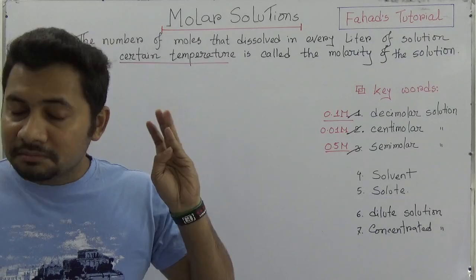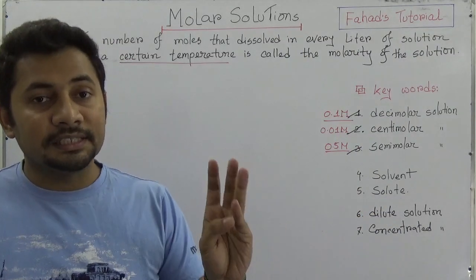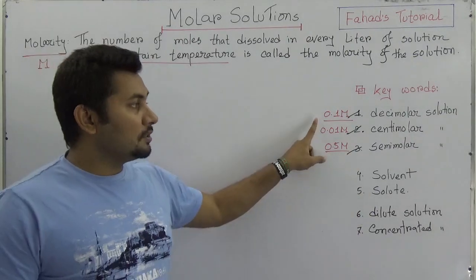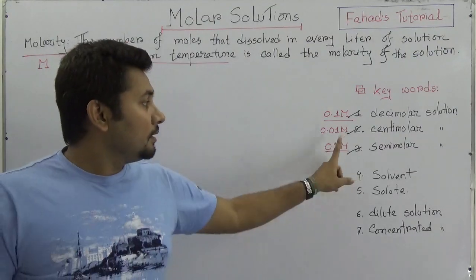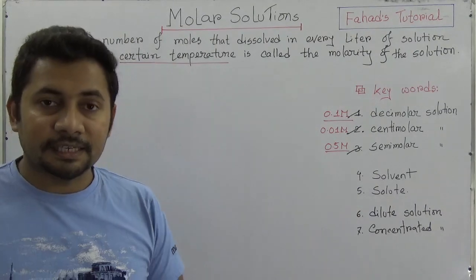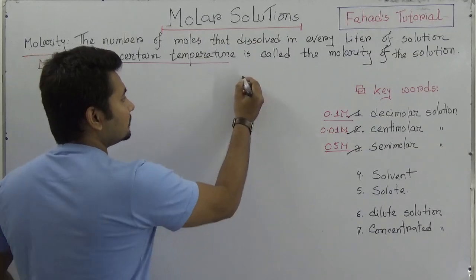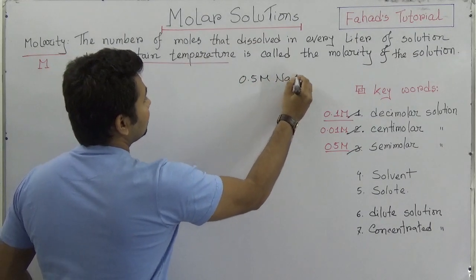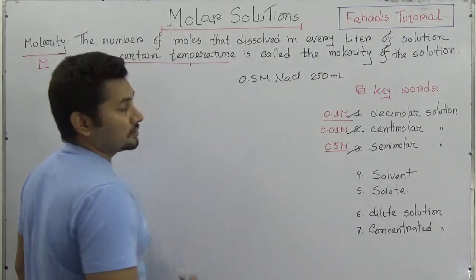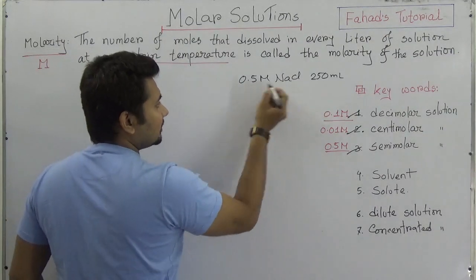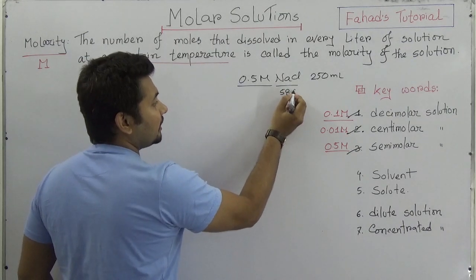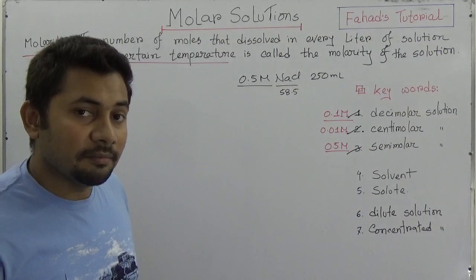There are a lot of others actually, but decimolar, centimolar and semimolar are widely used in English version SSC level. So you must know that decimolar is 0.1, centimolar is 0.01 and semimolar is 0.5. Now if I say that a solution of 0.5 molar sodium chloride in 250 ml solution is the condition, then we know that 58.5 is the molecular mass of sodium chloride.